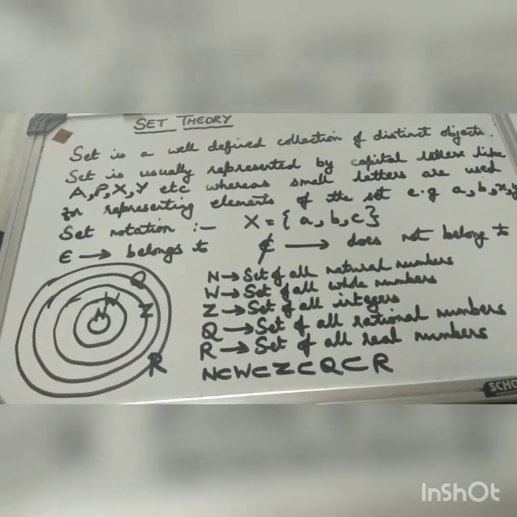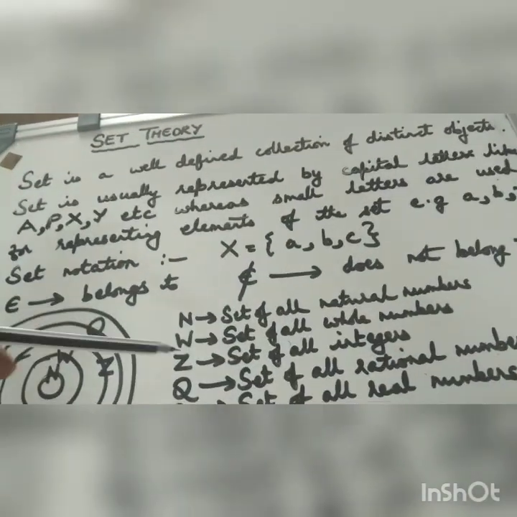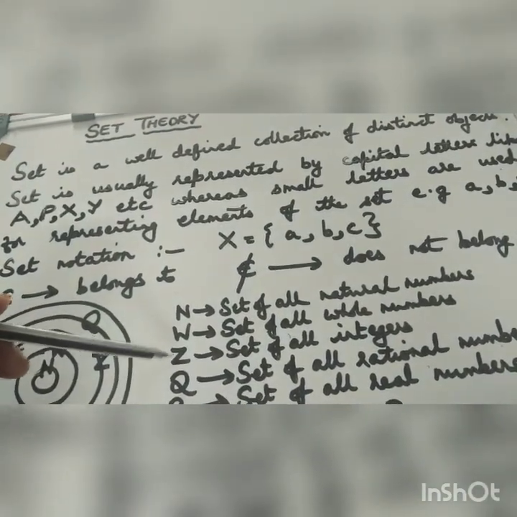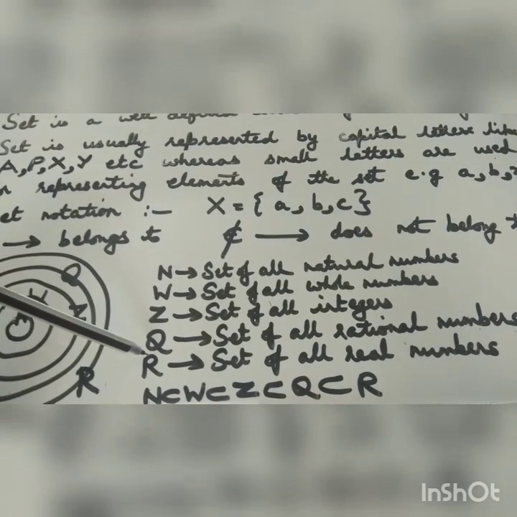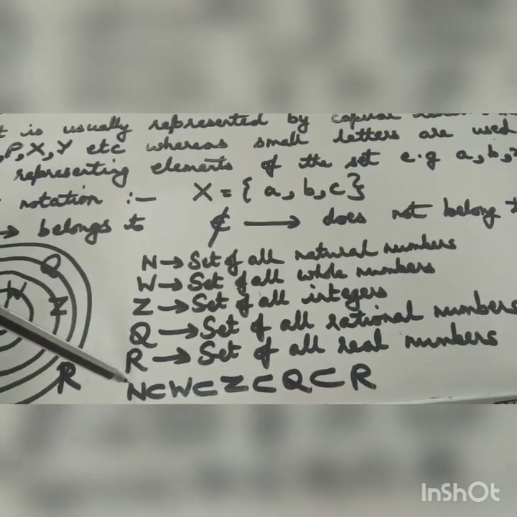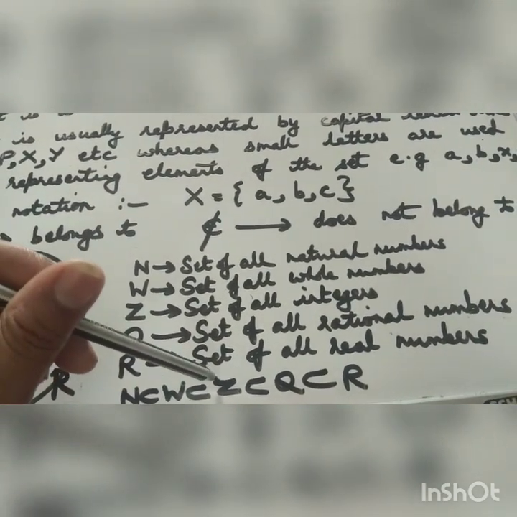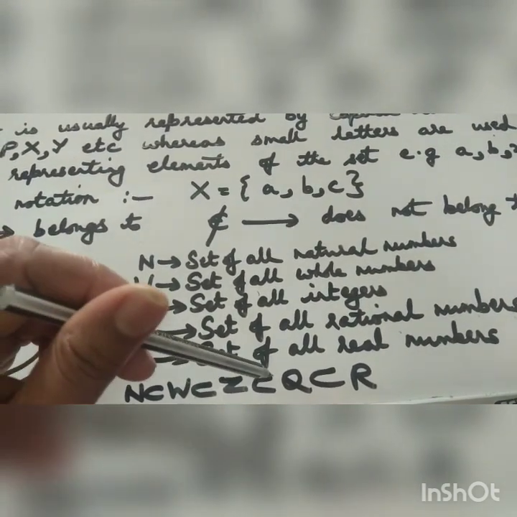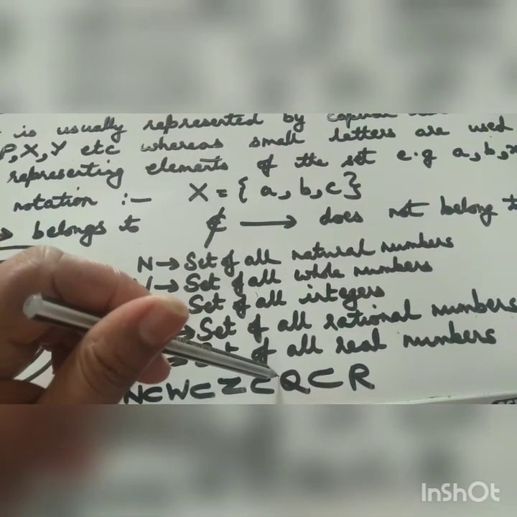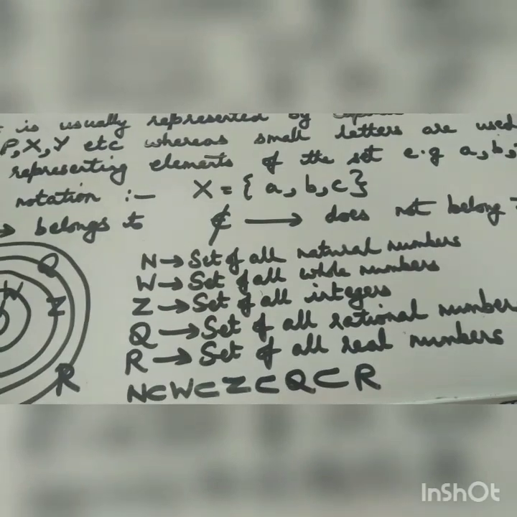Now N stands for natural numbers, W stands for whole numbers, Z stands for integers, Q stands for rational numbers, R stands for real numbers. Natural numbers are contained in whole numbers, are contained in the set of integers, are contained in the set of rational numbers, are contained in the set of real numbers.